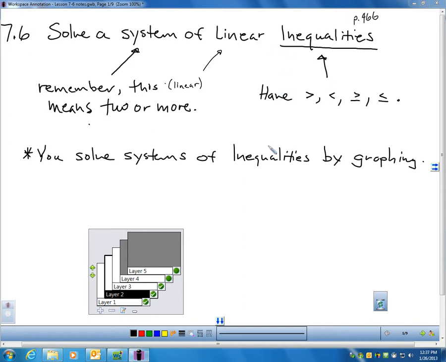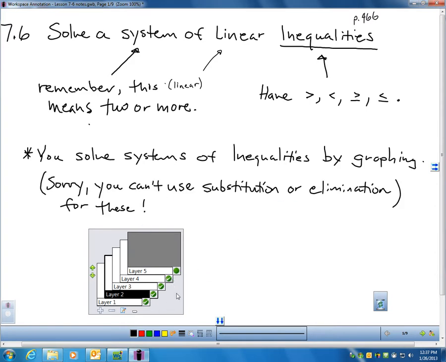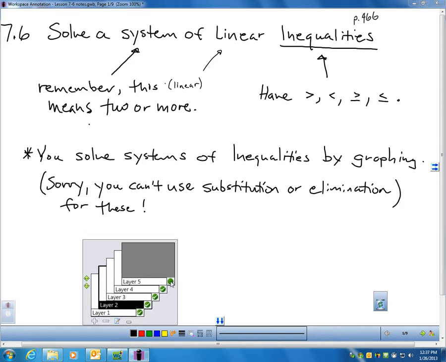When we have linear inequalities, remember, if you go back to section 6-7, we'll talk about that in a minute. When you have a linear inequality in two variables, remember how we drew a line and had to shade a side of the line? There is more than one solution, so we have to solve these by graphing. So again, I'm sorry, we can't use substitution or elimination to solve these.